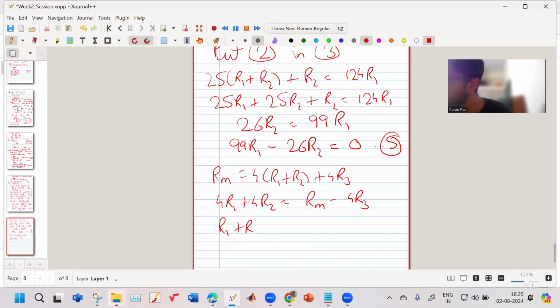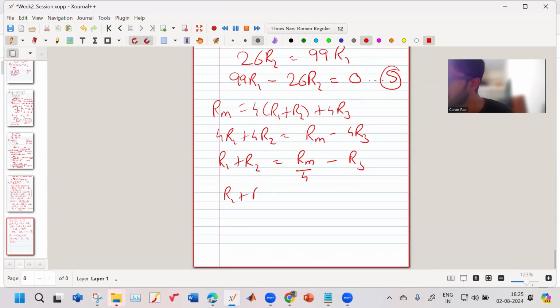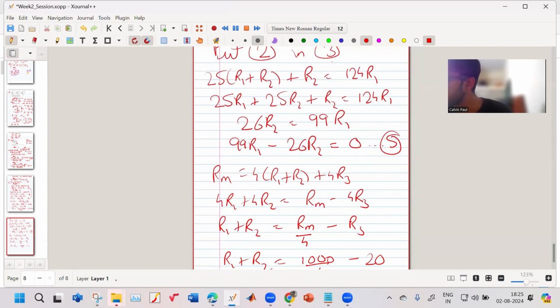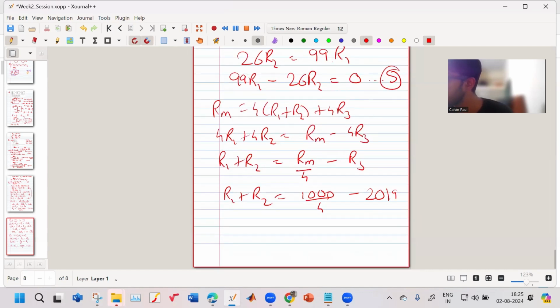So R1 plus R2 is equal to Rm by 4 minus R3. Rm is 1000, so 1000 divided by 4 will be 250. And R3 comes out to be 201.92. So we get R1 plus R2 is equal to 250 minus 201.92. So what is this?